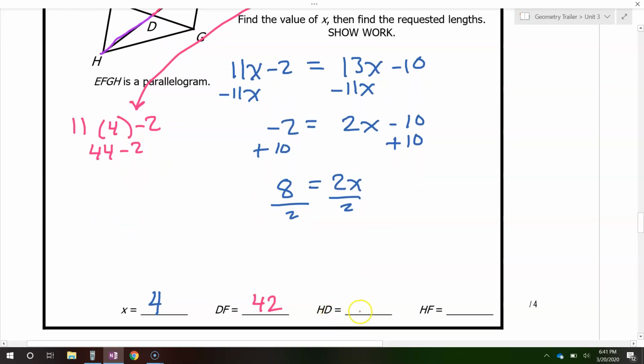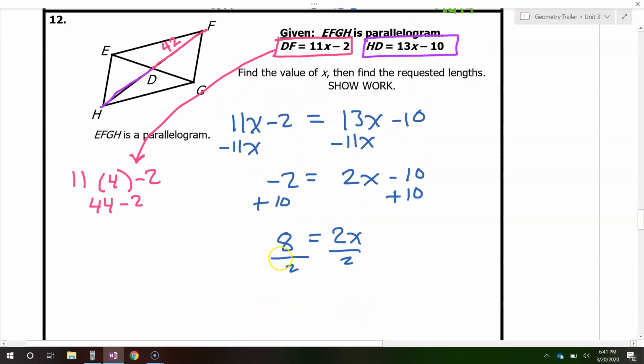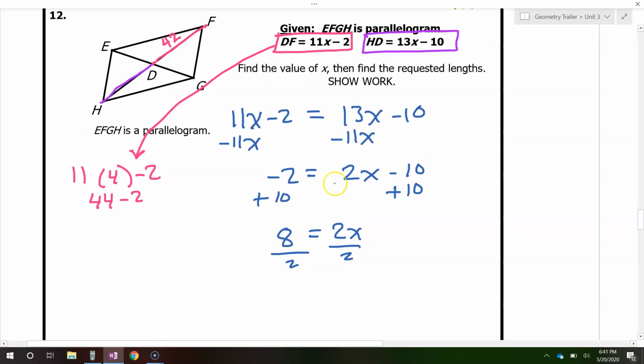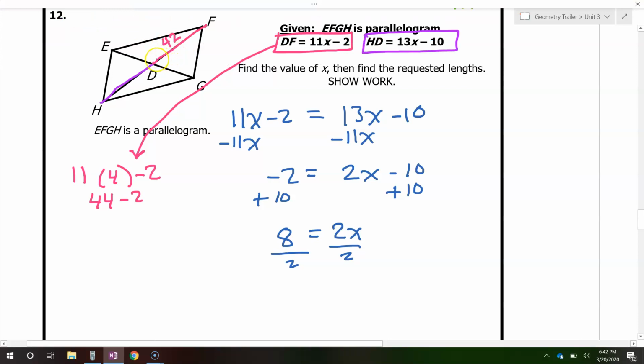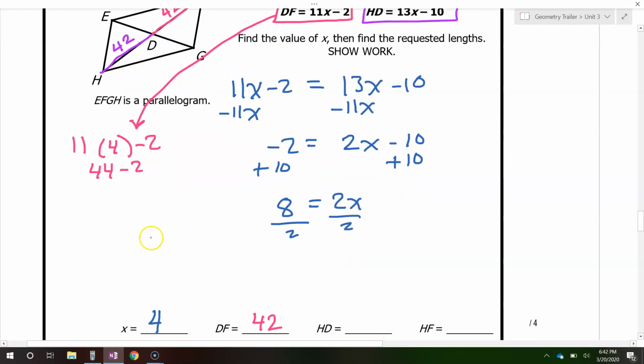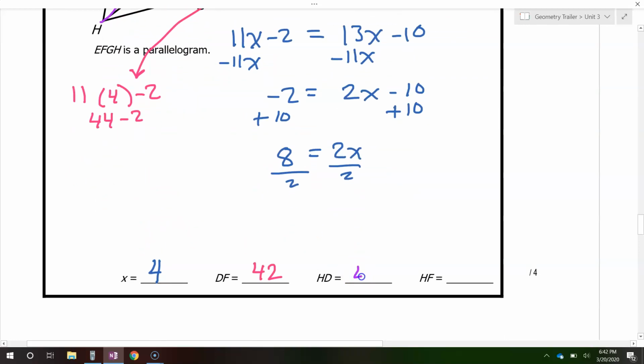Next they ask me for HD. I could plug 4 into HD right there, but I am pretty confident that my answer for DF is correct. So these should be equal. If this is 42, then HD should also be 42, so I'm just going to put 42 down.